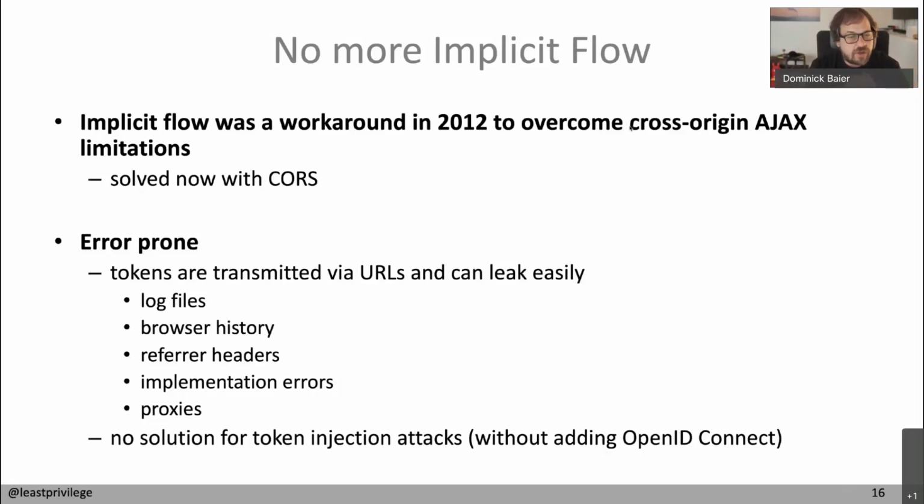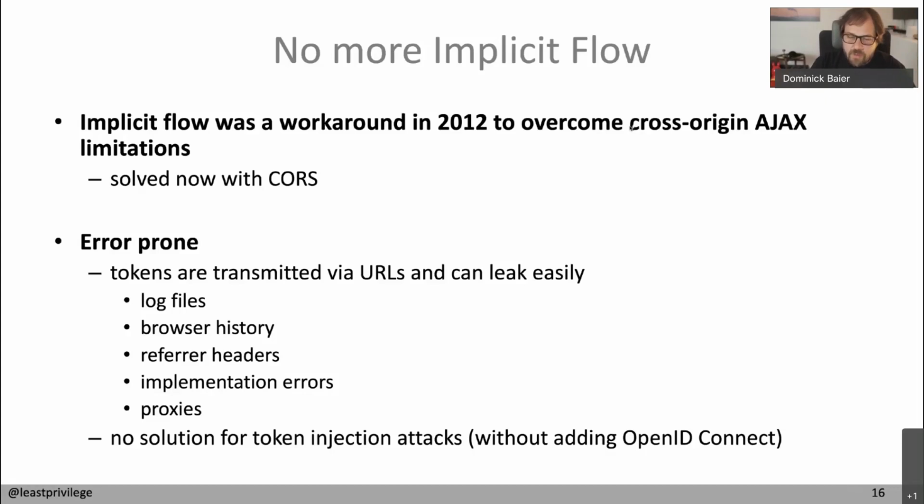We should not do it anymore, which doesn't mean that if you are doing it right now and you implemented all the right countermeasures, you have a problem. All I'm saying is it is a very risky way of doing things, which is not necessary anymore. Okay, so first takeaway, don't use implicit flow anymore. If you have existing ones, think about rewriting them. I mean, which is not a rewrite of the app, but just changing the protocol flow.